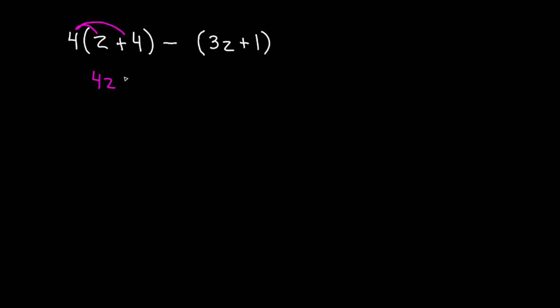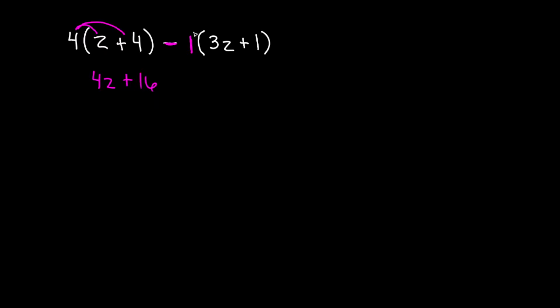4 times 4, 16. Now here's where putting that 1 seems more helpful to me, at least, because what you have here is actually a negative 1. This minus sign here, you have a negative 1 here times 3z plus 1.